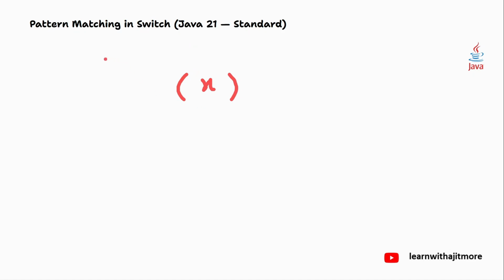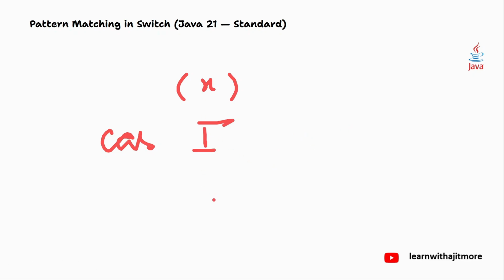That is the rule. Whenever you do pattern matching, that time you have to pass an object. That object can be any object. It can be a wrapper object, it can be a string object, it can be your user defined object, it can be a sealed object, anything. Okay. So you can pass an object and then you can check its type, that if it is of type Integer, then do this.